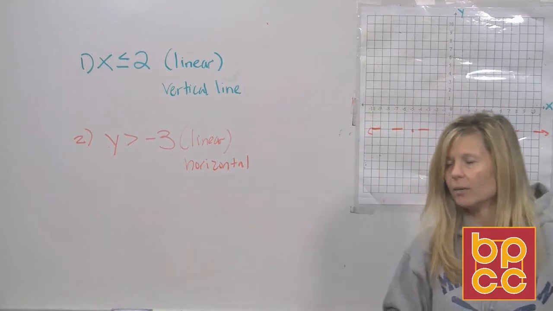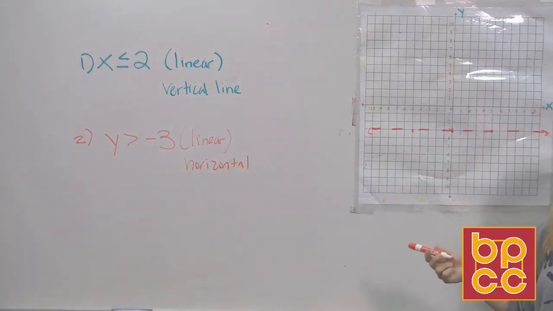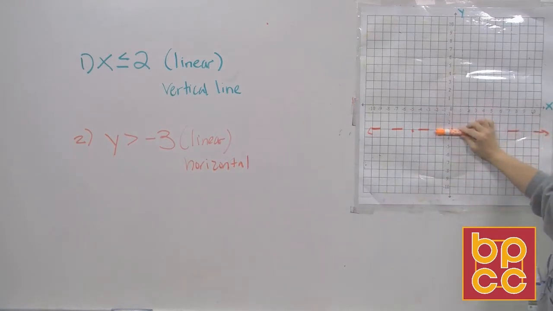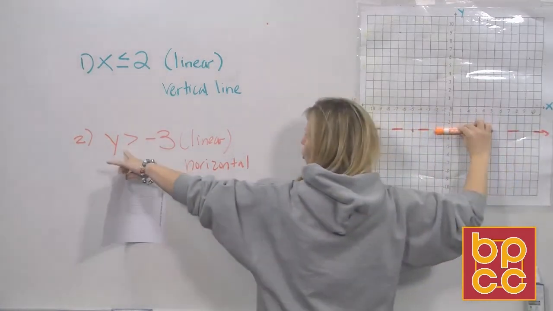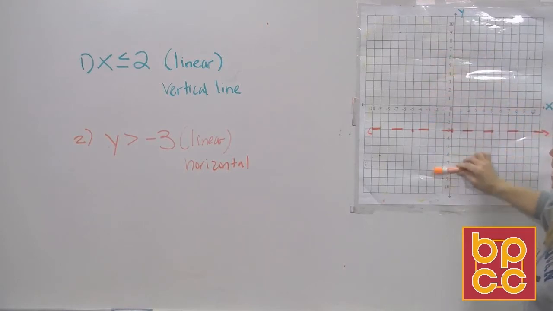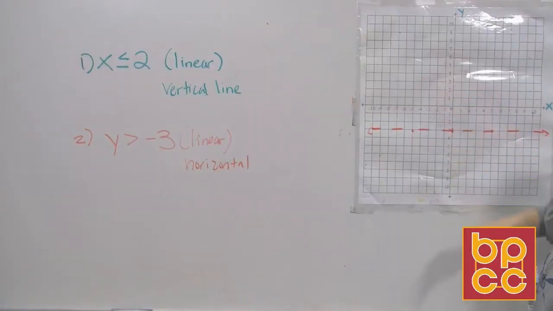Now, we're not done. Not only do you have to decide whether to make the line solid or broken, you've got to do some shading. So again, take your pencil, put it on a horizontal line. This says greater than. Greater than would be going up. So to shade a horizontal line, your pencil either goes up or down. Greater than is up. I want all the y values that are bigger than -3.